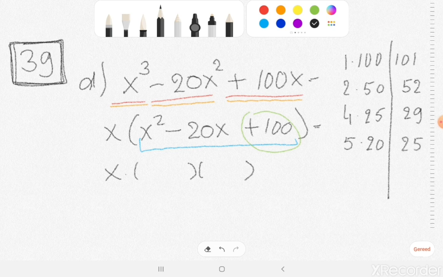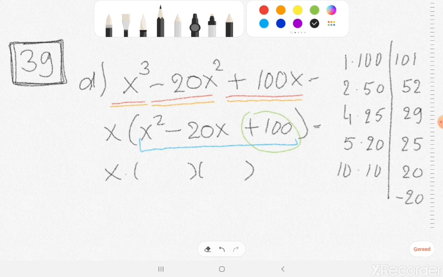Maybe you think that you are already there with all the multiplications, but what if you do 10 times 10? Because 10 times 10 is 100, and 10 plus 10 is 20. Wait a second. 10 and 10 is 100, but we do not need a positive 20, we need a negative 20.